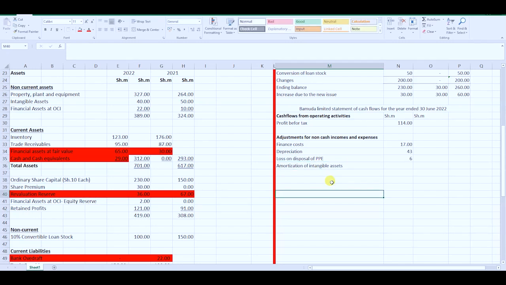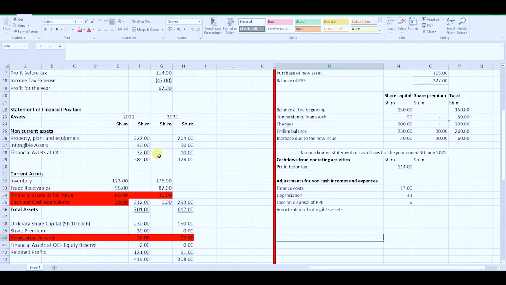So we just assess from the assets over here, the intangible assets, that is non-current assets. You can see the intangible assets given to us, for 2021 is 50 and 40. So we'll just get the difference between that one minus that one there. So enter. You can see it's 10.